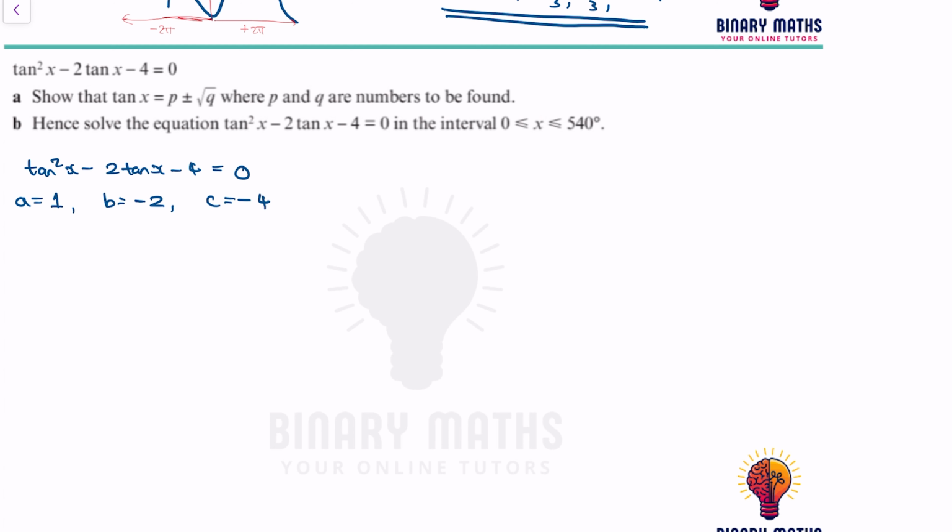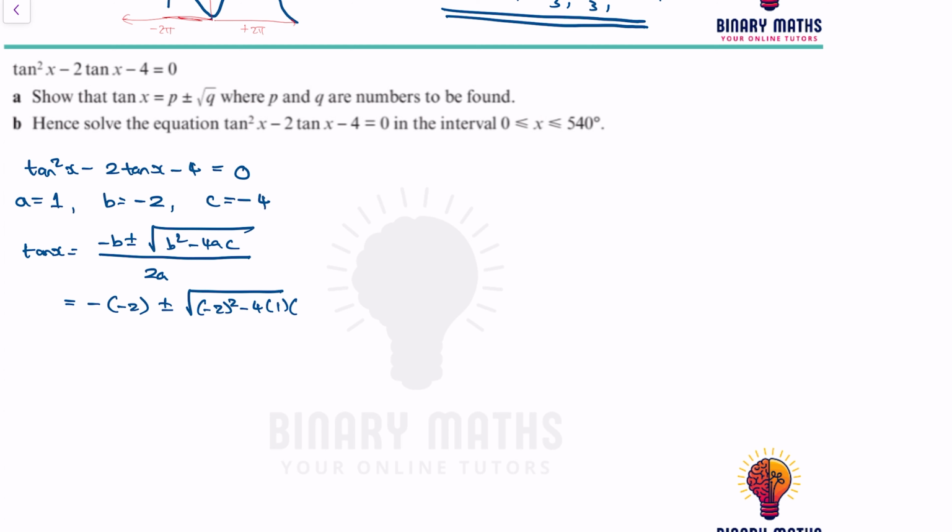Then using the quadratic formula, because tan x is the unknown, tan x is equal to minus b plus or minus root of b squared minus 4ac over 2a, which means it's equal to minus minus 2 plus or minus root of 2 squared minus 4 times 1 times minus 4, all over 2 times 1, which means we've got 2 plus or minus root of 4 plus 16, which is 20, all over 2.